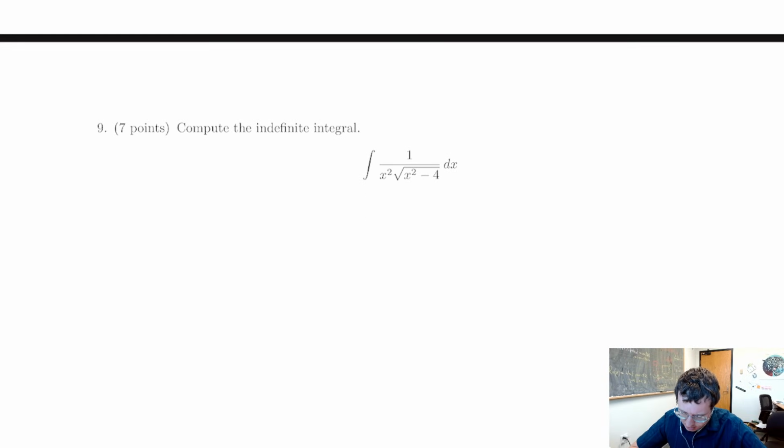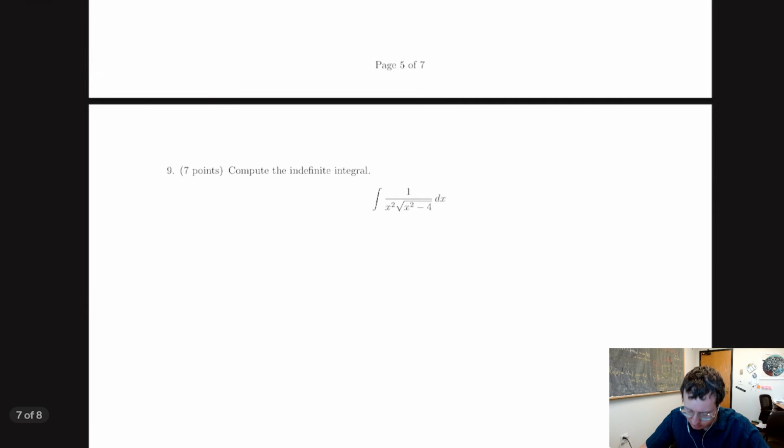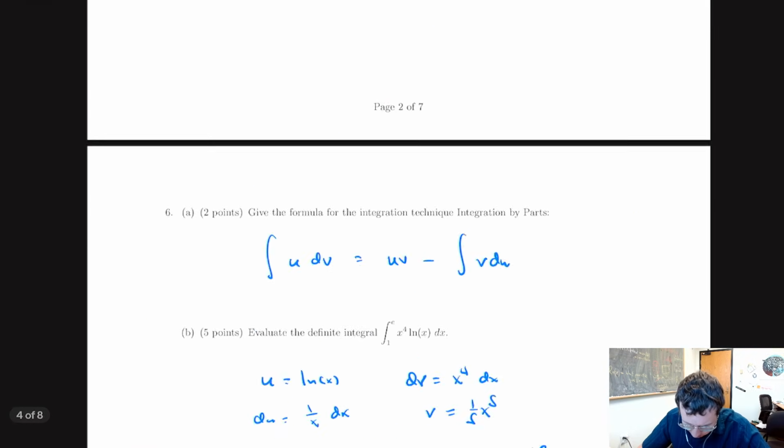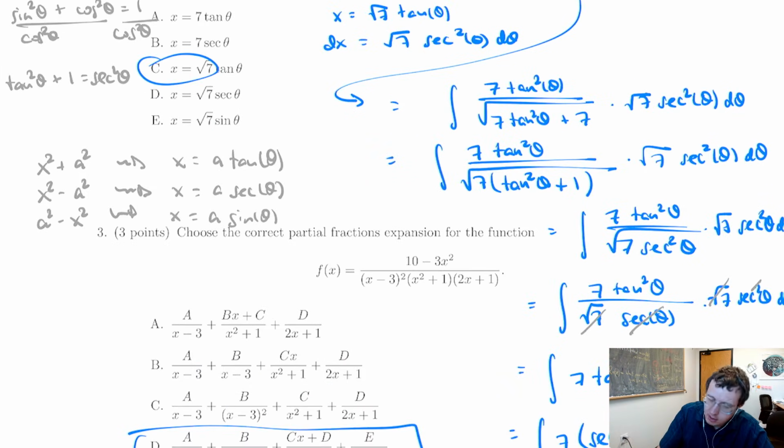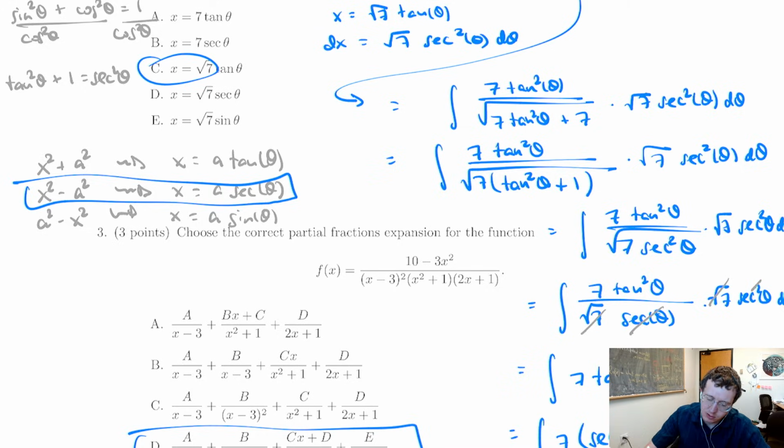Okay, indefinite integral. This is going to be a trig sub. The square root of x squared minus 4 just screams trig substitution. We've already talked about what substitutions to use. When we had x squared minus something squared, we were going to use secant.